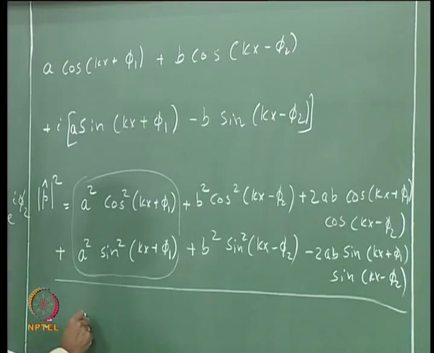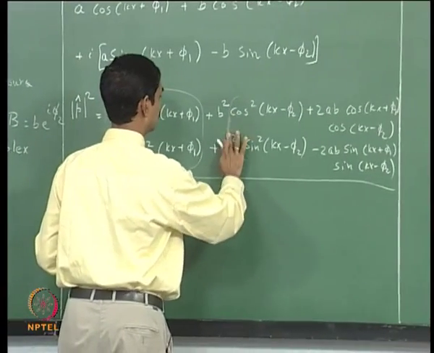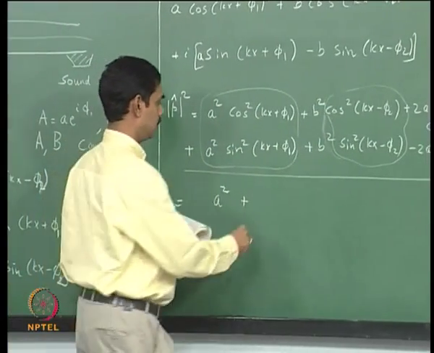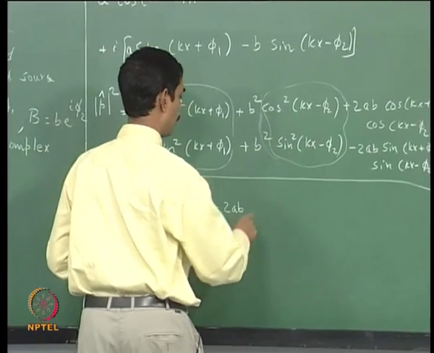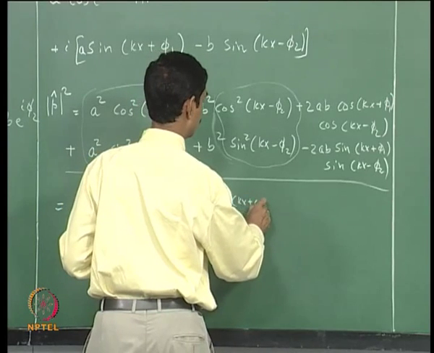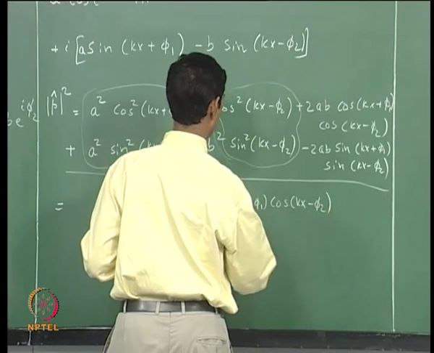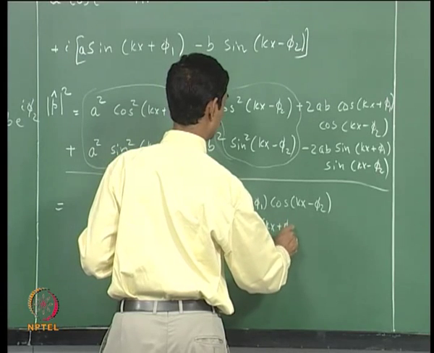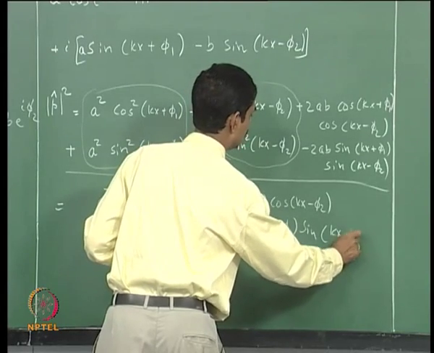So this whole term simplifies to A squared, and similarly here again we get sine squared plus cos squared, that is 1, plus 2AB into cos(kx plus phi 1) cos(kx minus phi 2) minus sin(kx plus phi 1) times sin(kx minus phi 2).